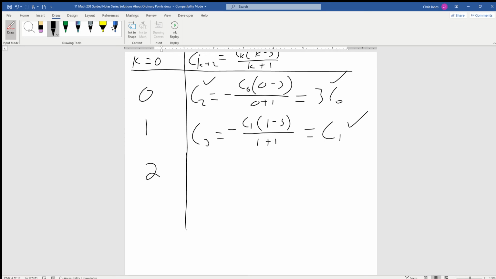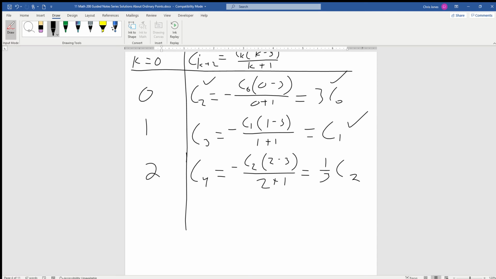Now let's plug in 2. That gives us C4, which is the opposite of C2 times 2 minus 3, divided by 2 plus 1. We get the opposite of negative 1, which is 1, over 3. So this works out to be 1/3 C2.